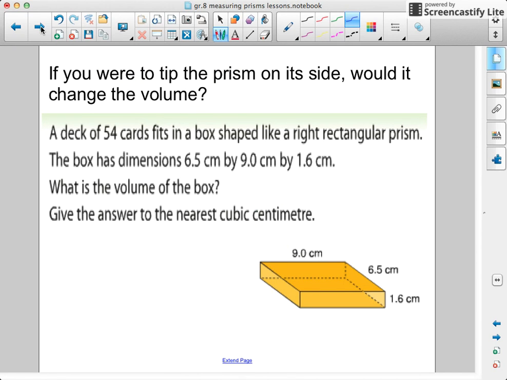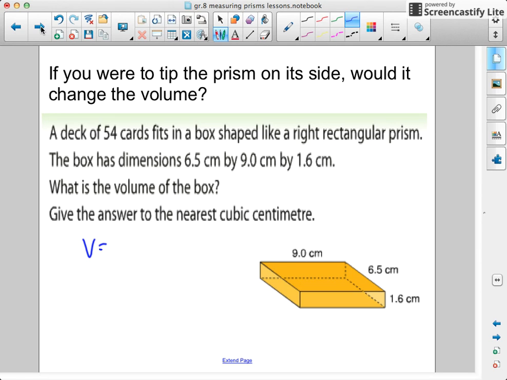So let's do another example. Remember, the orientation of the rectangular prism doesn't actually matter because we're finding the space inside of it. So a deck of 54 cards fits in a box shaped like a right rectangular prism. The box has dimensions 6.5 centimeters by 9 centimeters by 1.6 centimeters. What is the volume?